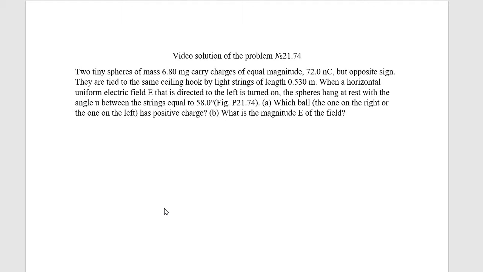We have two parts to discuss. A, which ball has a positive charge, and B, what is the magnitude E of the field. So first of all, we have to sketch the approximate graph of our problem, and that would be something like that. Two strings and two attached spheres. The length of each of those strings is L, and the angle between them is alpha, for example.